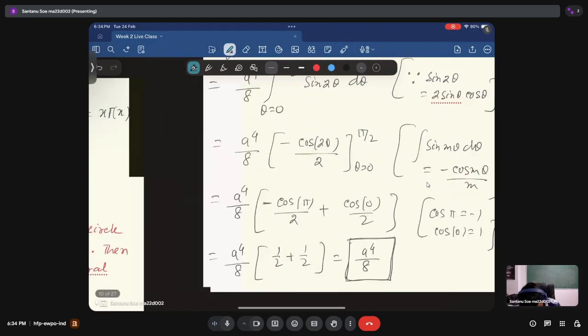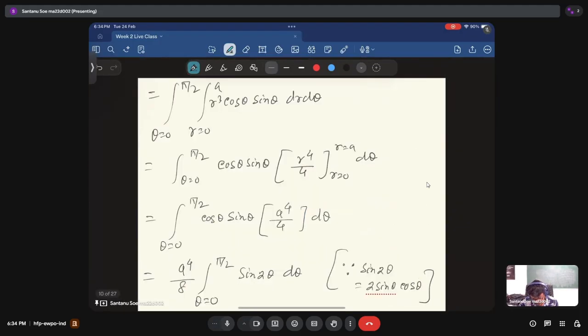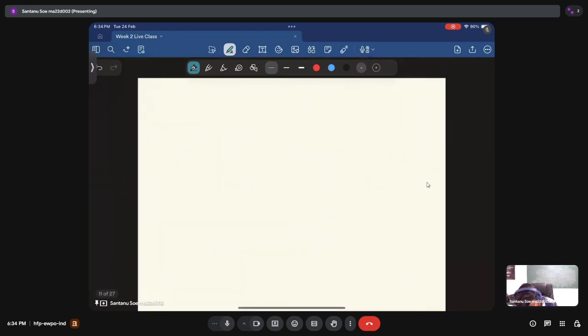So it was question number 4. Now we're going to go to question number 5. Okay. So now this is regarding the beta function.